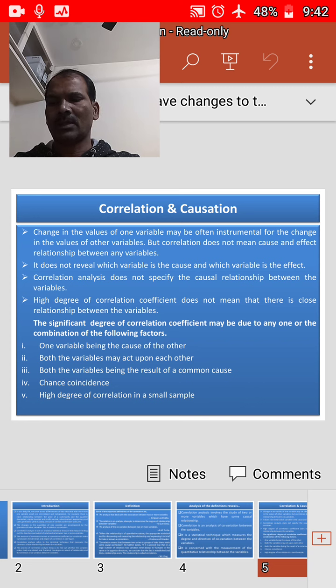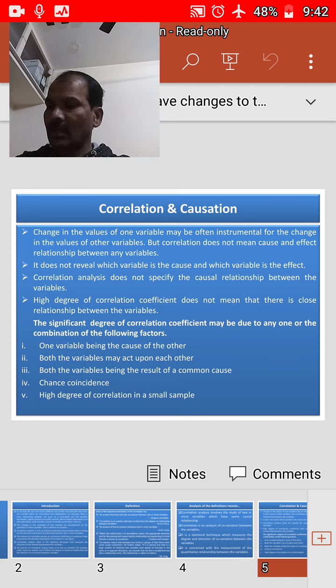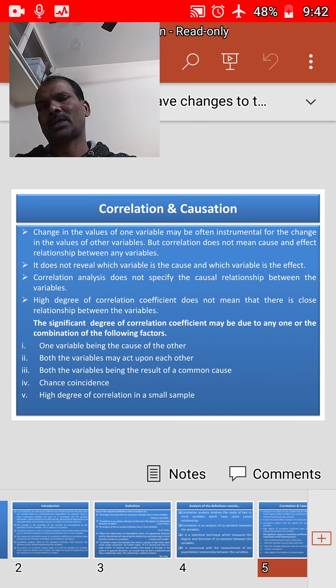That is, the cause and effect relationship between the variables is often determined on the basis of circumstances, case by case. That relationship, the cause and effect relationship between variables, has to be studied. For example, rainfall causes the growth of agricultural production, but agricultural production does not cause the rainfall.